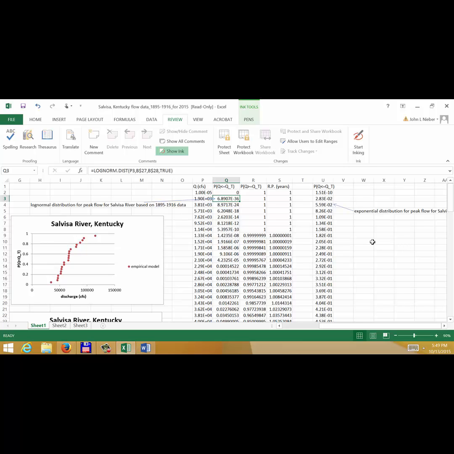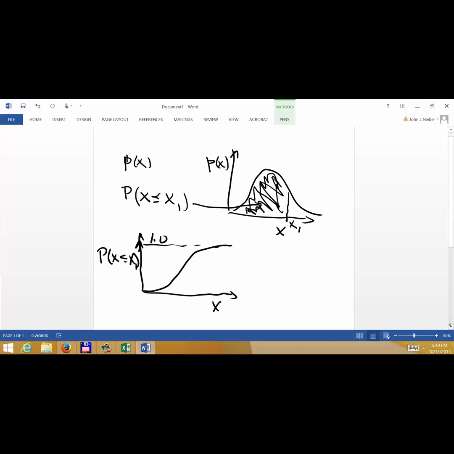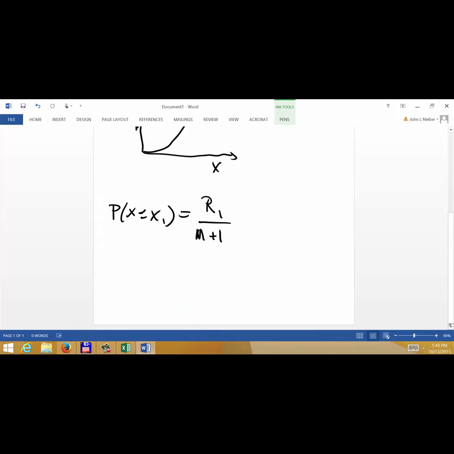For the exponential distribution, the probability density function, P of x, is equal to a e to the minus ax. And of course, the probability that x is less than or equal to any x1 is just going to be equal to the integral of P of x dx.